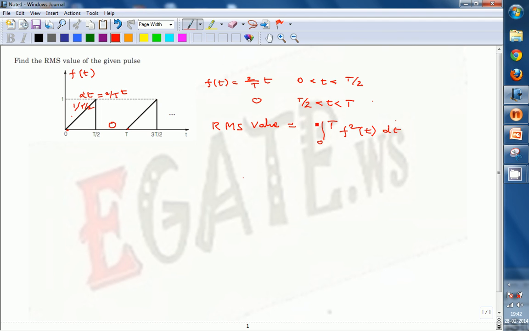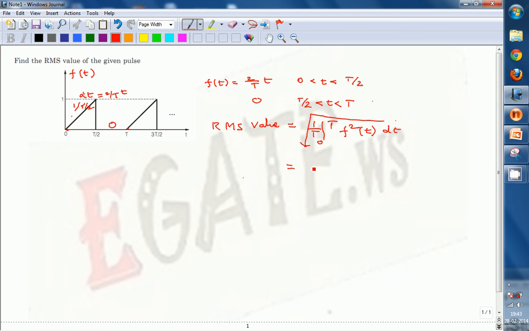Mean is nothing but this has to be divided by the capital T, and then the square root of the mean of the square of the given signal.